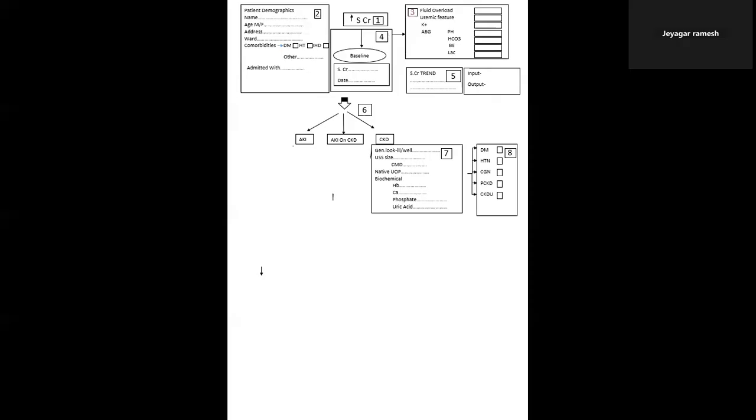But God has not left us with simple things. So there are CKDs that could arise with normal size kidneys. What are those? Diabetes, which is the commonest cause of chronic kidney disease, the number one cause of chronic kidney disease. So it comes with normal size kidneys.